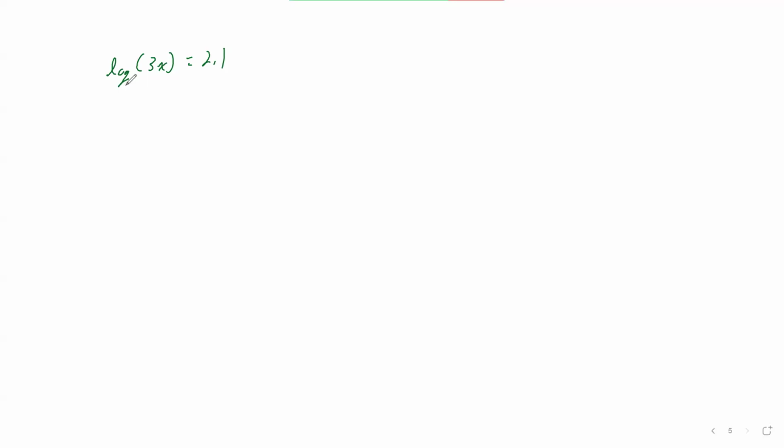All right, so to solve these guys, when given as a logarithm, we'll use that log rule. Again, I'll write it down until y'all feel comfortable with it. So y equals log base a of x gives you a to the y equals x. All right, so again, if there's no base written there, there's an imaginary 10. So this becomes 10 raised to the 2.1 equals 3x. So then all I have to do is divide by 3.